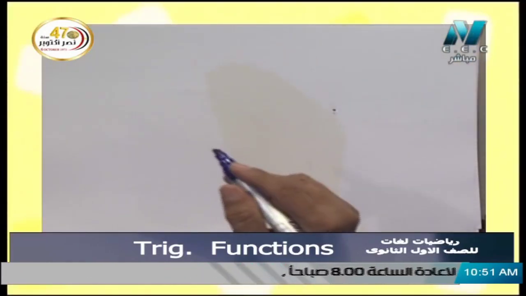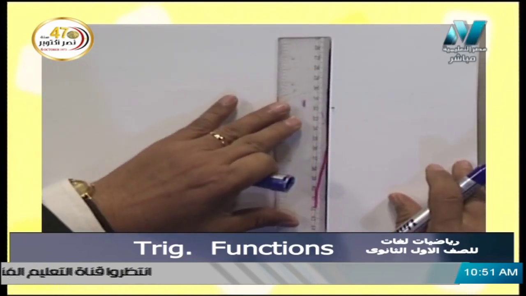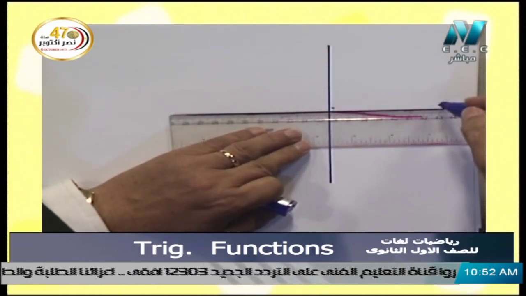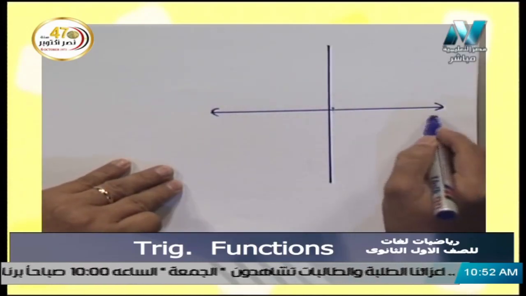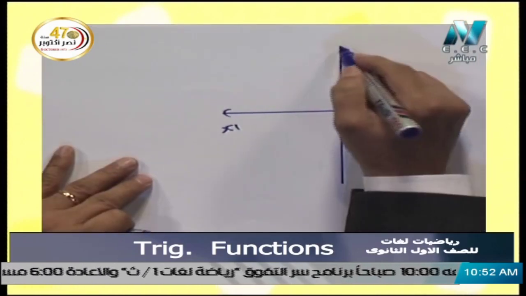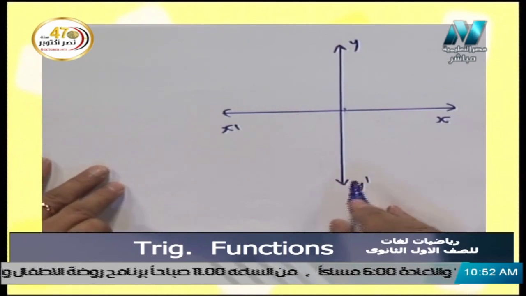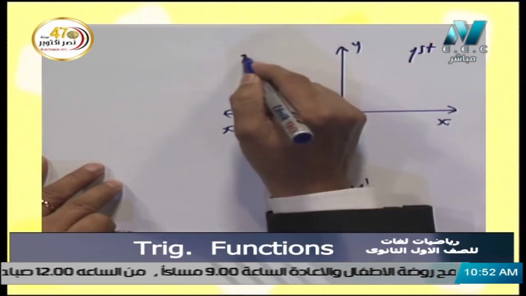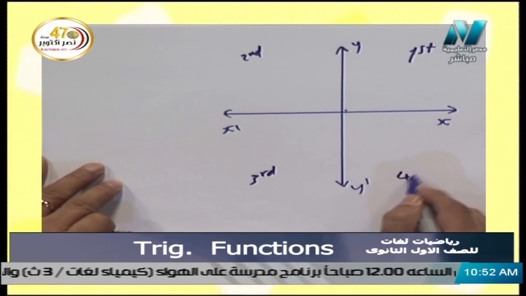Let's draw the 4 quadrants again. We have here the y-axis and x-axis, x and x dash, and y and y dash here. And as we said, this is the first quadrant, second quadrant, third quadrant, fourth quadrant.